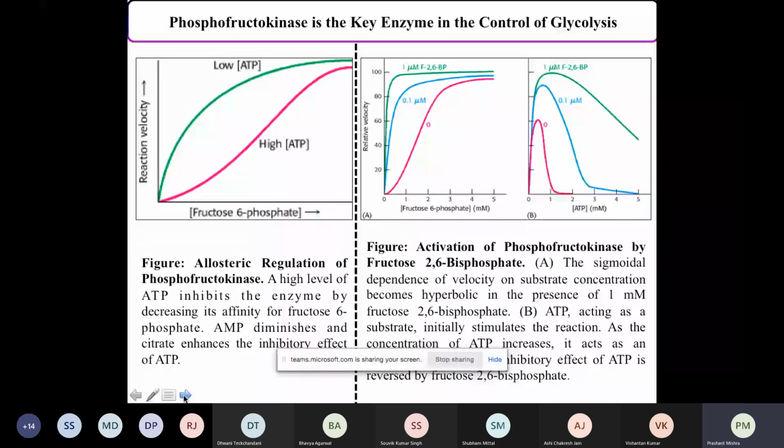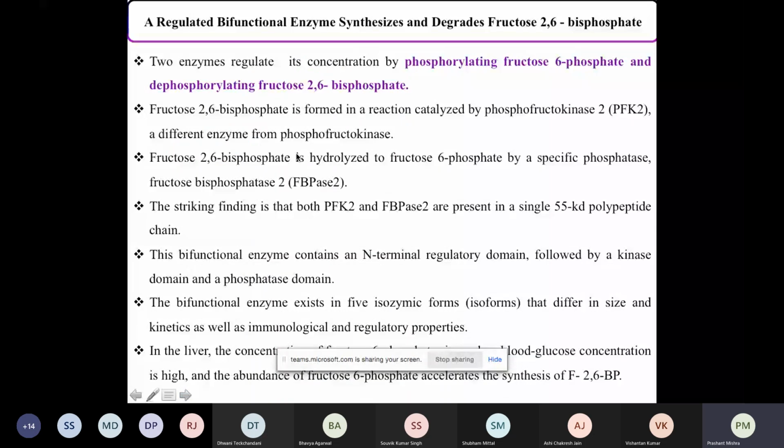Of course, I have given you the kinetics, how it works, but let us talk about how this works. So the regulation is done by an enzyme, which is a bifunctional enzyme. What it does is synthesize and degrade fructose 2,6-bisphosphate. So the level of fructose 2,6-bisphosphate itself is controlled by an enzyme, and this enzyme is a bifunctional enzyme.